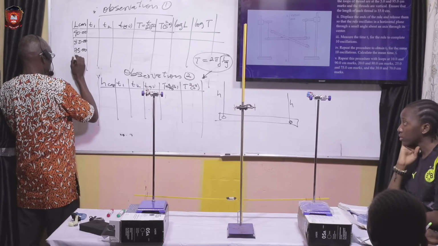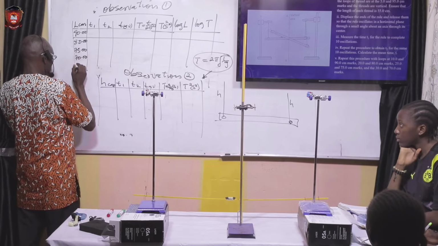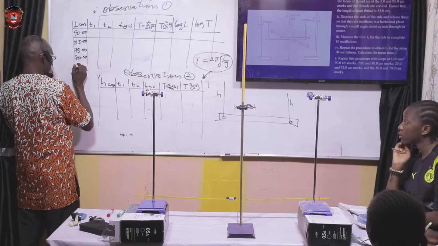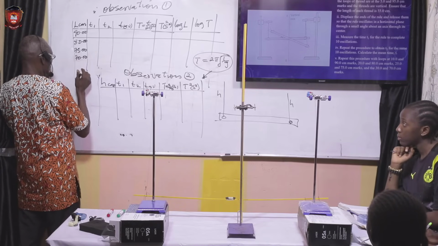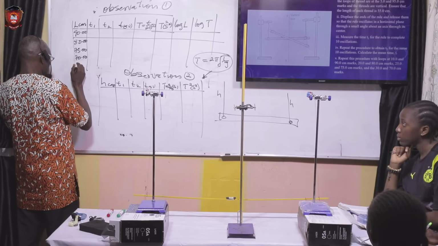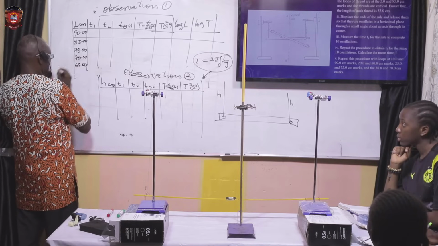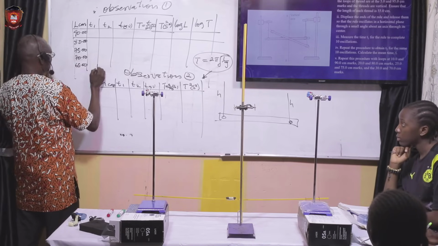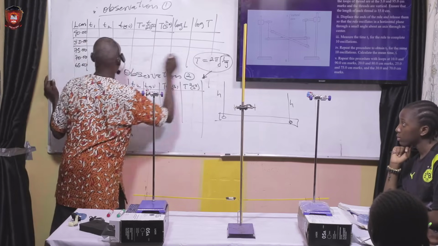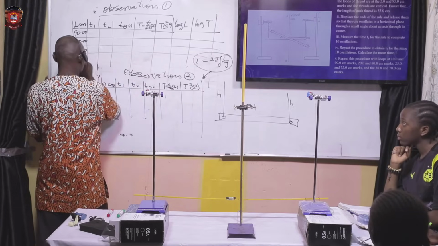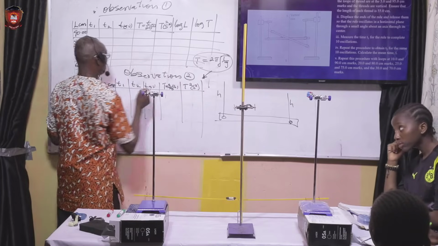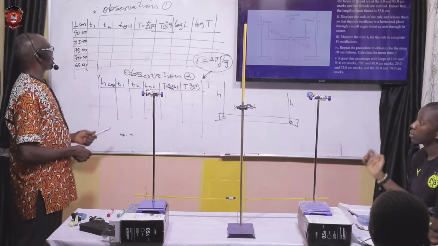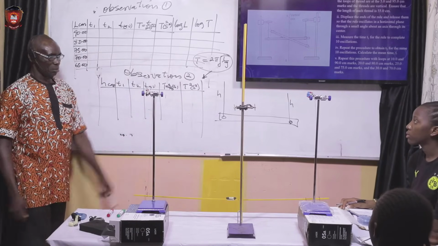Next, 70. Next, that's the last one. Okay, so assuming we just add 65.00. So this is what is supposed to complete the entire experiment. So with this now, you can simply time.